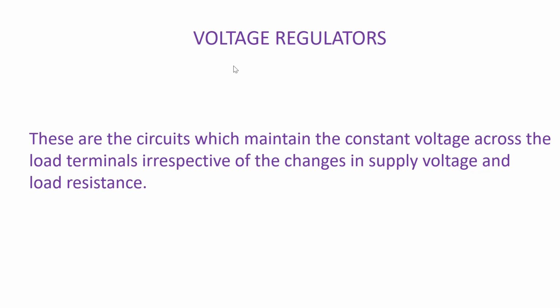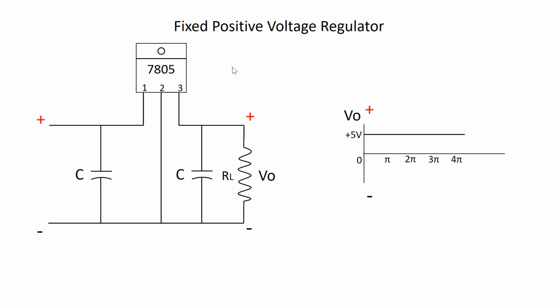Among these types of voltage regulators, we will see the simple IC voltage regulator, which regulates the fixed positive and fixed negative DC voltages. Among these fixed voltage regulators, we will first see the positive voltage regulator 78 series of ICs.